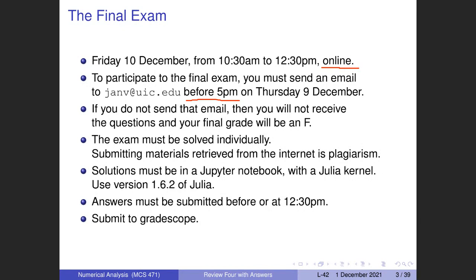The third important aspect about the exam is that all your solutions must be in a Jupyter notebook. They must be uploaded to Gradescope, and they must be submitted before 12:30. Solutions that are outside the Jupyter notebook will not be considered.